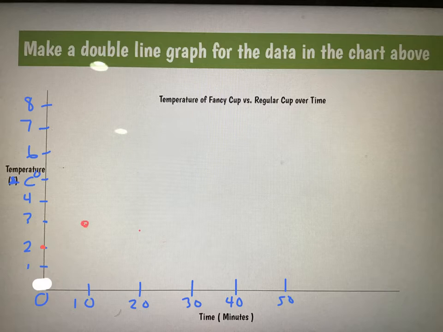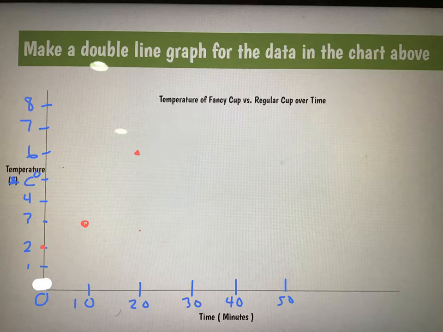Okay, so here's my data point. And then let's say after 20 minutes, my temperature went up to 6 degrees. So I'd go over to 20 and go up to 6, and I'd put my dot. So I'd be right about here.